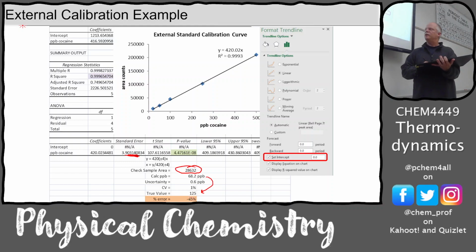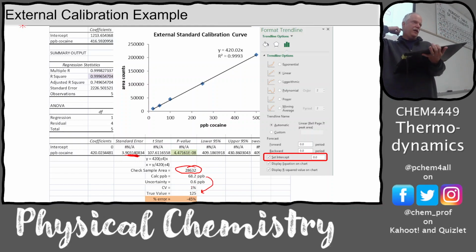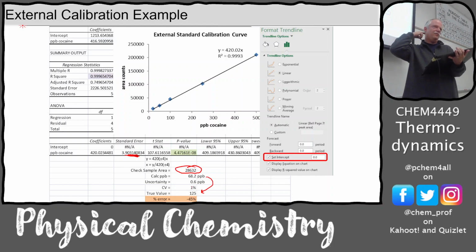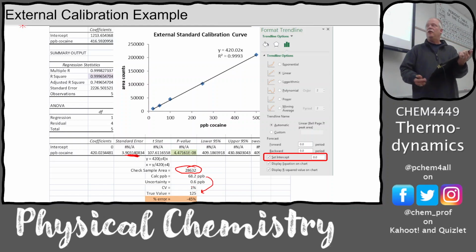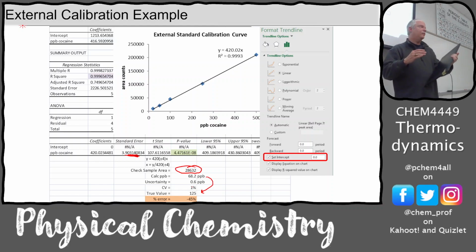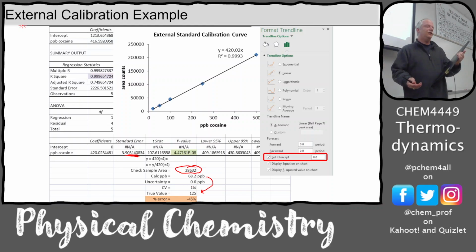It's 45% low. And again, it's because, well, you tell me why. We know there's 125 parts per billion in our blood sample. We just ran it and we calculated the concentration and it came out to be 68.2.